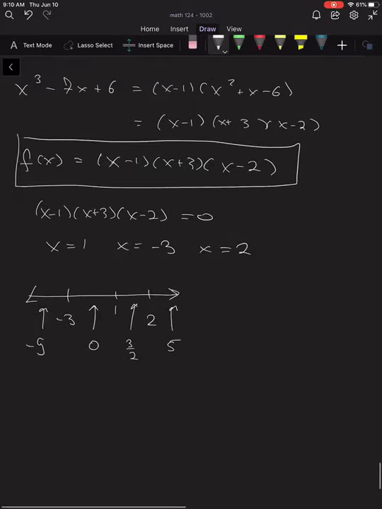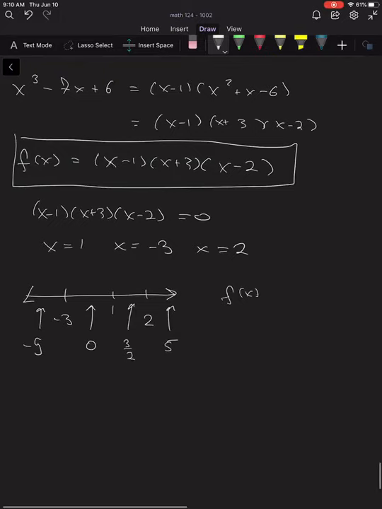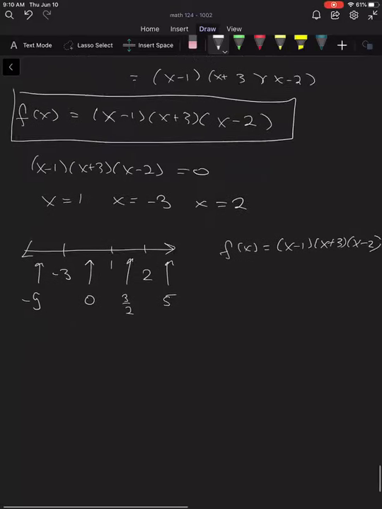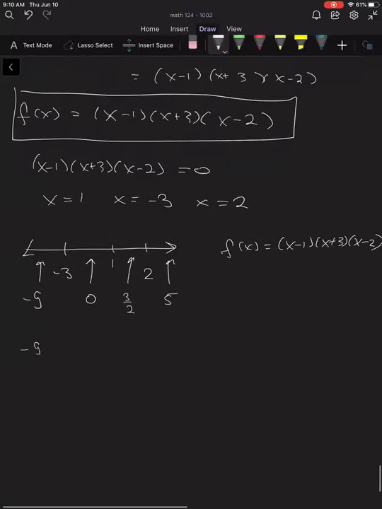And then we plug these numbers into f of x. All we care about is if it's a positive or a negative number. If we plug in -5, we are going to get a negative, negative, and a negative, so that gives us minus.